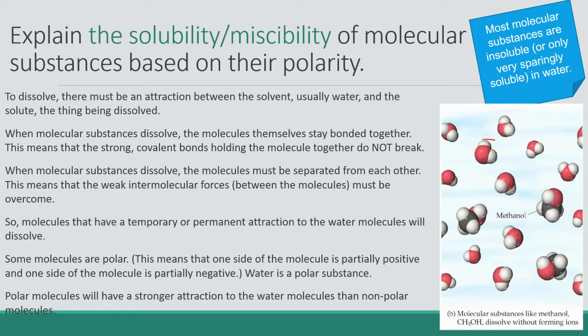In this picture, we've got molecules of water, and then we've got molecules of methanol. Methanol is the first in the series of alcohol molecules, and methanol is very soluble. That's because there are interactions between the solvent molecules and the solute molecules, the methanol.